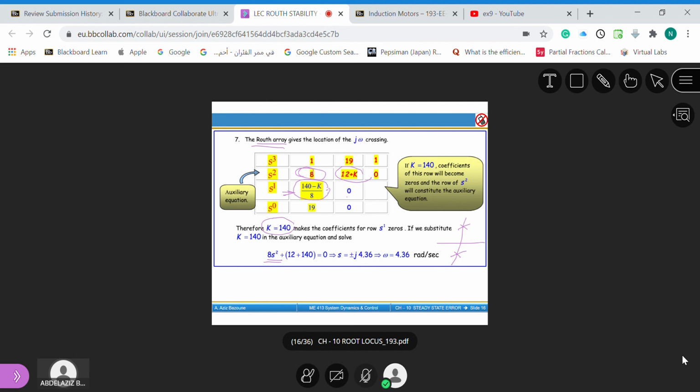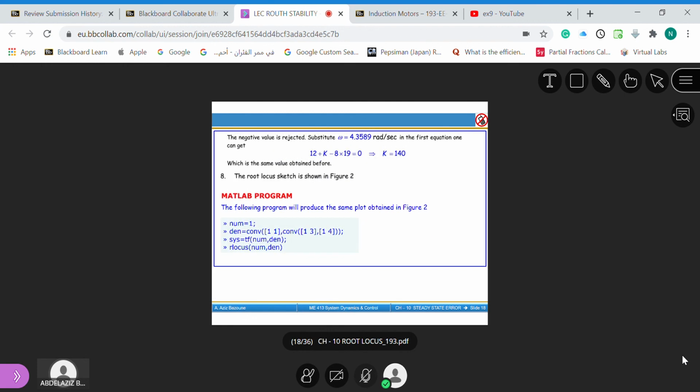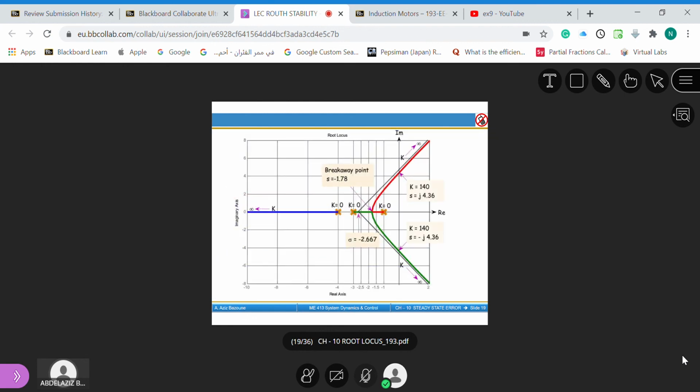So this will give you omega is equal to plus or minus 4.36 radian per second. This is the value at which the root locus crosses the imaginary axis: omega is equal to 4.36 radian per second, which is this one here.